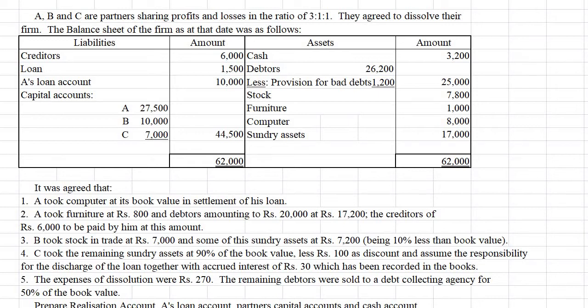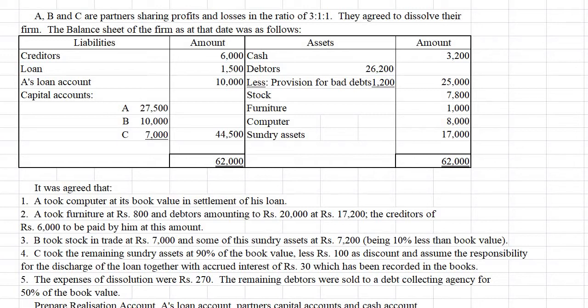Then it says that B took stock in trade at rupees 7,000 and some of the sundry assets at rupees 7,200. Stock of 7,800 was there and that is taken over by B at rupees 7,000, and some of the sundry assets taken over at rupees 7,200.